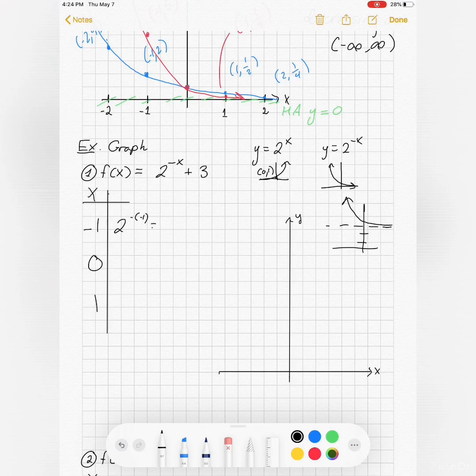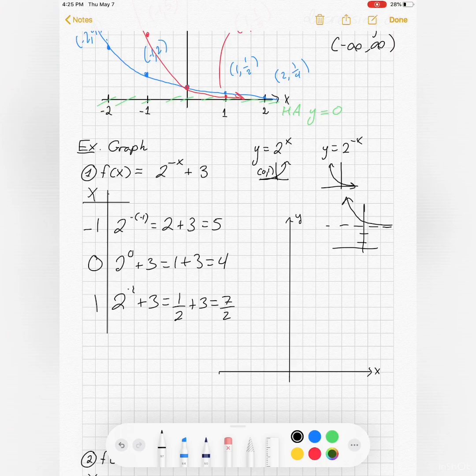Let's see what I get if I do that. So 2 to the negative 1 is 2 to the 1. Oh, forgot the plus 3. 2 to the 0 plus 3 is 1 plus 3. 2 to the negative 1 plus 3 is a half plus 3 is 7 halves.